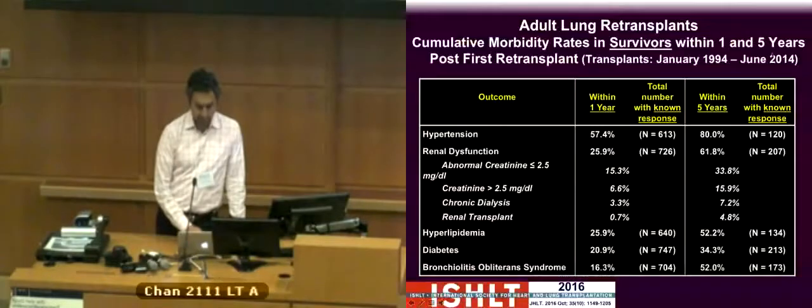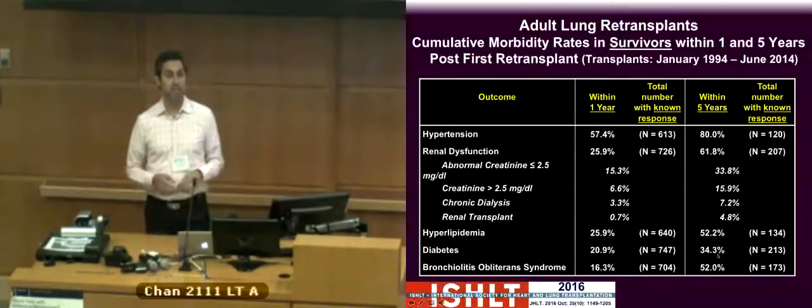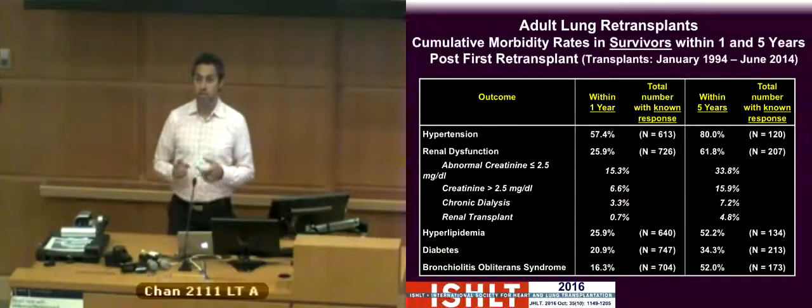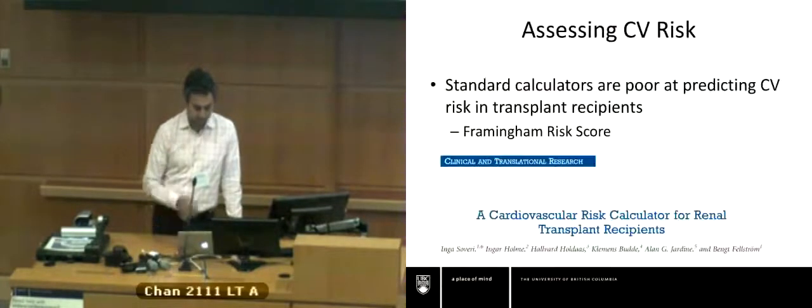And similarly, when you look at the ISHLT registry, which is part of the lung transplant group, within 5 years, what you see here, I got the wrong slide because this is looking at the re-transplants, but even when you look at the new transplants, we have about a 50% risk of developing hypertension at 1 year and about 80% at 5 years. When you look at renal dysfunction, about 50% at 5 years. Hyperlipidemia, 50% at 5 years. Diabetes, 34% at 5 years. So once again, not limited to the kidney transplant recipients, but we see this in our organ as well. Our patients get dyslipidemia, they get diabetes, they get hypertension, which leads to the untoward benefits of immune suppression.